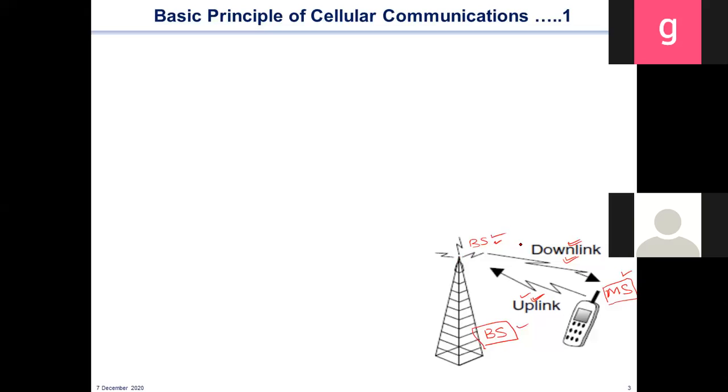So we began with a particular cell configuration. Cell, base station is there. We are taking 1 mobile station. How to establish a communication between base station and mobile station, we are discussing.